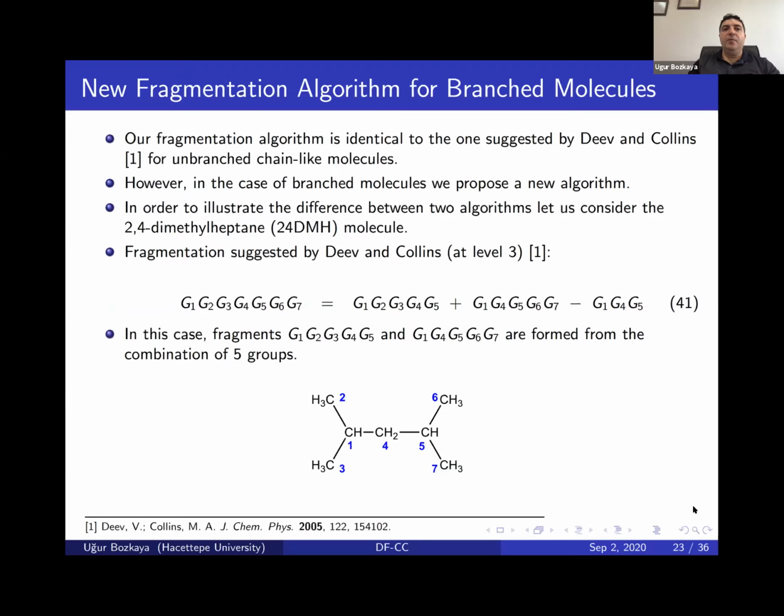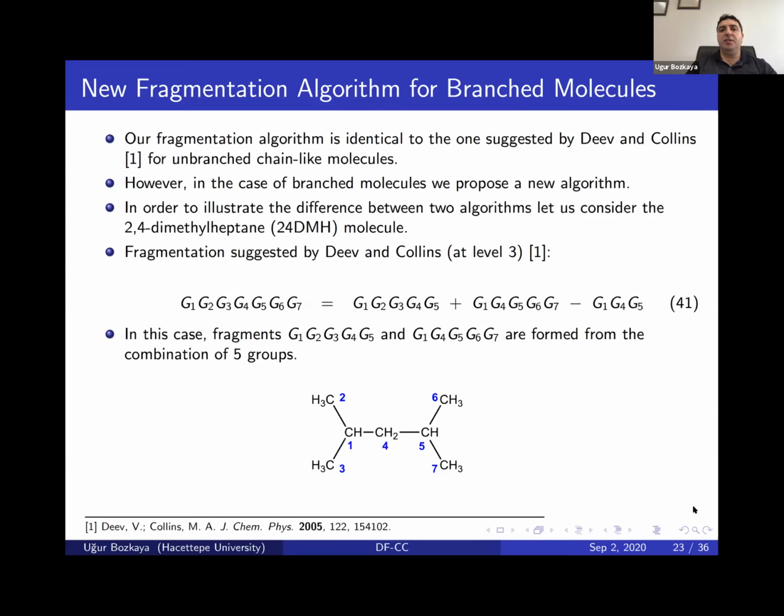We also developed a new fragmentation algorithm for branched molecules. Our fragmentation algorithm is identical to the one suggested by Deev and Collins for unbranched chain-like molecules. However, in case of branched molecules, we propose a new algorithm. In order to illustrate the difference between the two algorithms, let us consider the 2,4-dimethyl heptane molecule.